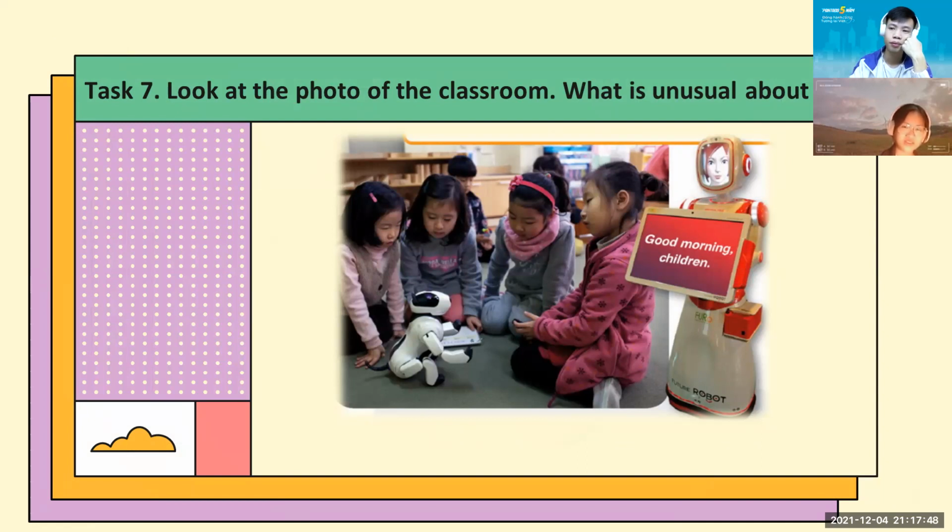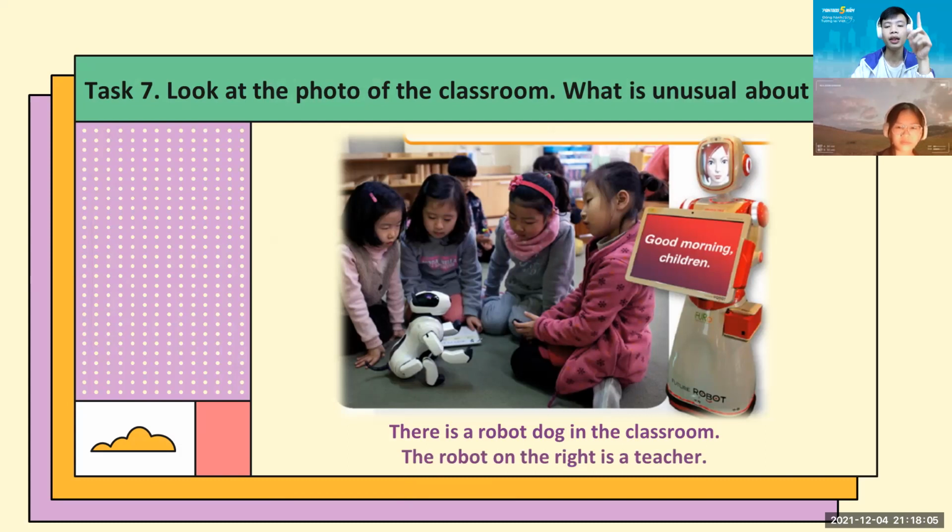I think the unusual thing about it is the robot teaching the students. Right. There is a robot door in the classroom. Okay. And the robot on the right is a teacher.